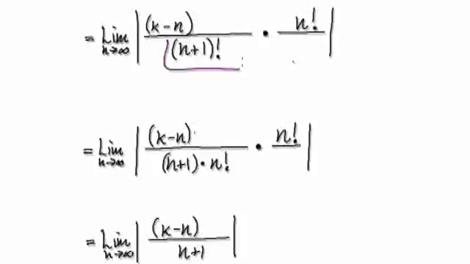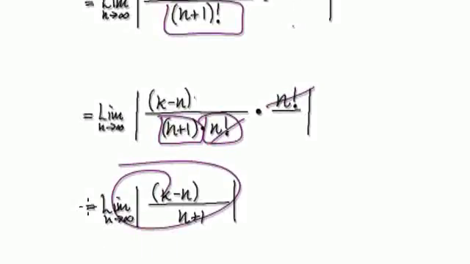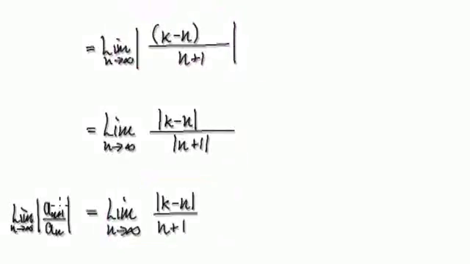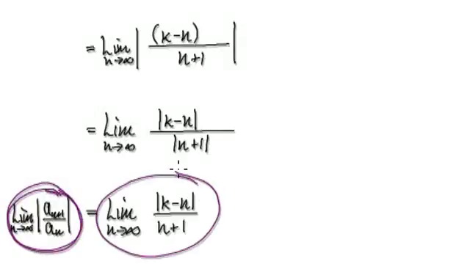Rewrite this as one block multiplying another block. These two will cancel out, giving you this, and then tidy up, and it will then lead you to here. So this value here, when it comes to the ratio test, we always need to compute this value here. Well, this value here is equal to this.